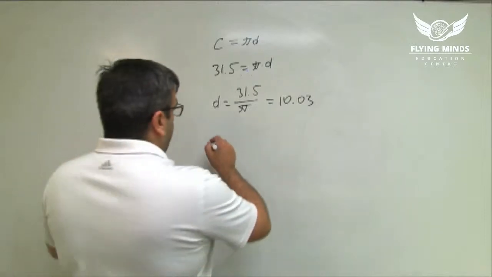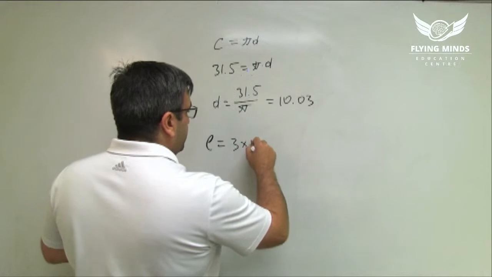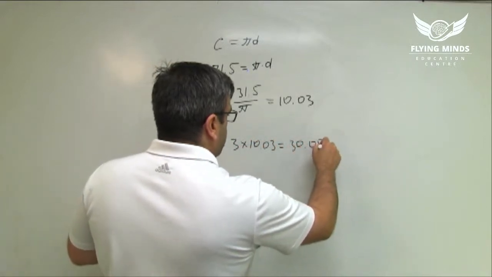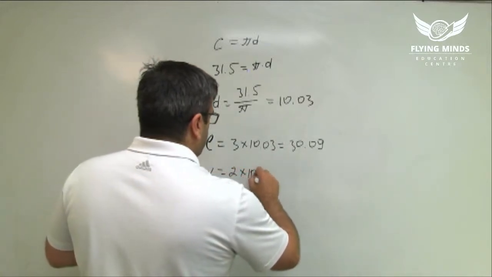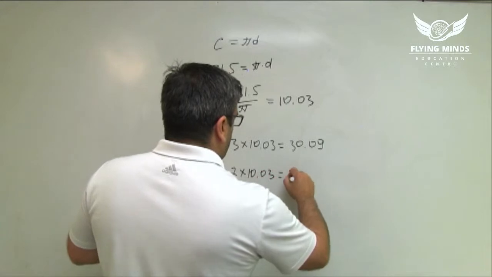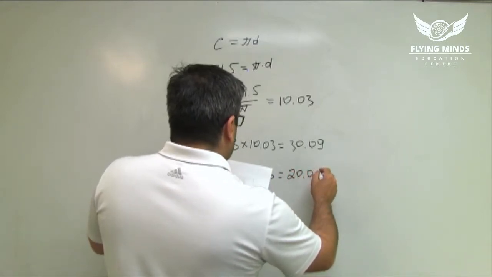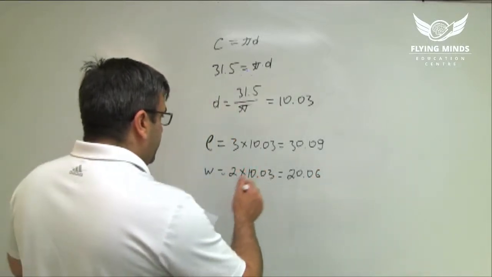And now length, right? Length, we said it equals 3 diameters. It will be 30.9, and width equals 2 diameters, equals 20.6, right?